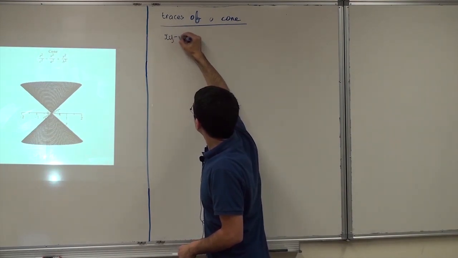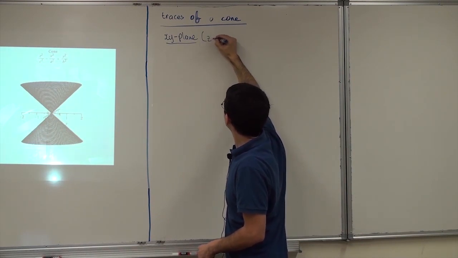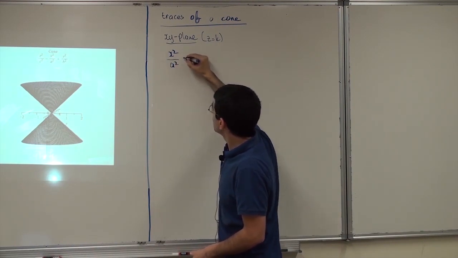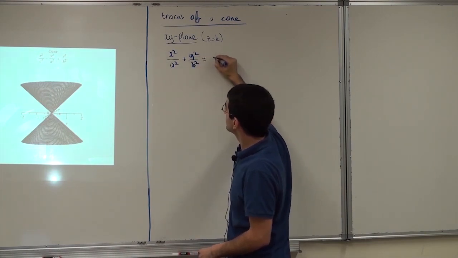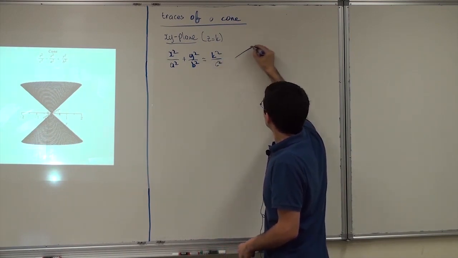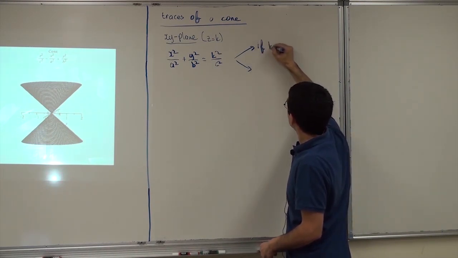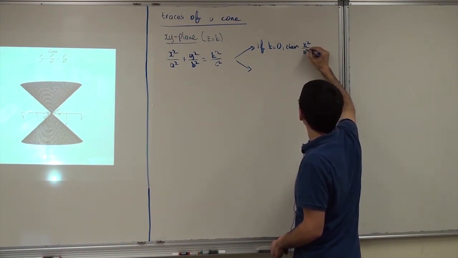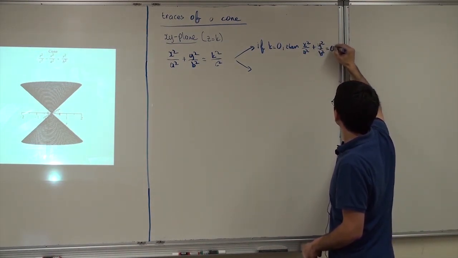The traces along the xy plane, which means that I'm going to intersect the cone with the plane z equals k. So, the equation of the intersection is going to be x squared over a squared plus y squared over b squared equal to k squared over c squared. Now, from this point on, we have two possibilities. If k is equal to 0, then the equation is going to be of the form x squared over a squared plus y squared over b squared equals 0.